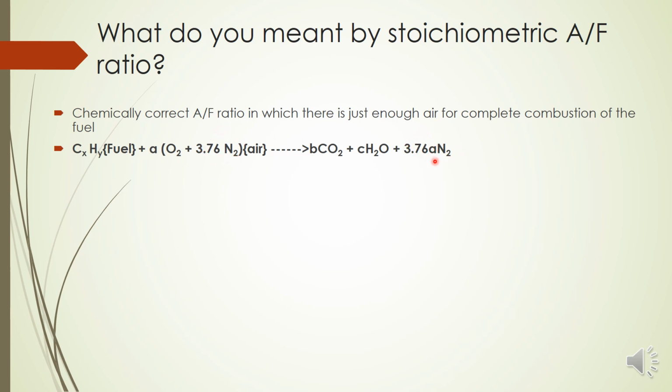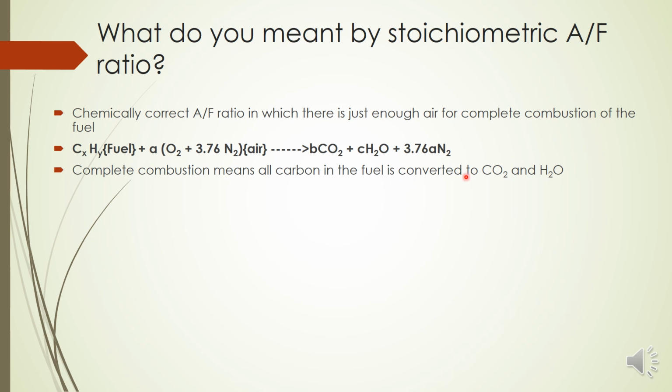It is a very good assumption because nitrogen oxides will form only at very high temperatures, around 1400 degrees and above. So for the time being we assume that nitrogen will not take part in any reaction, and it comes as a product also. So this is a common equation for any fuel. Complete combustion always gives carbon dioxide and water vapor, H2O.